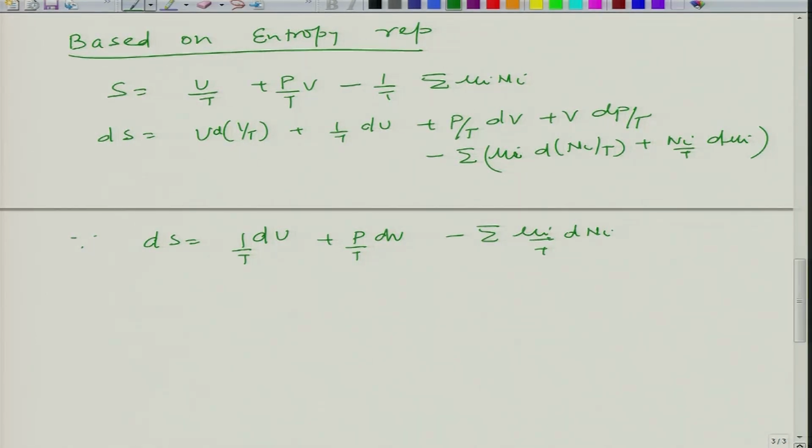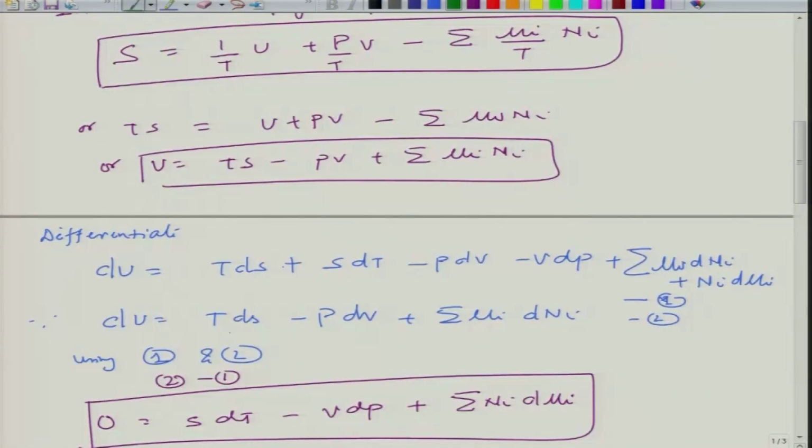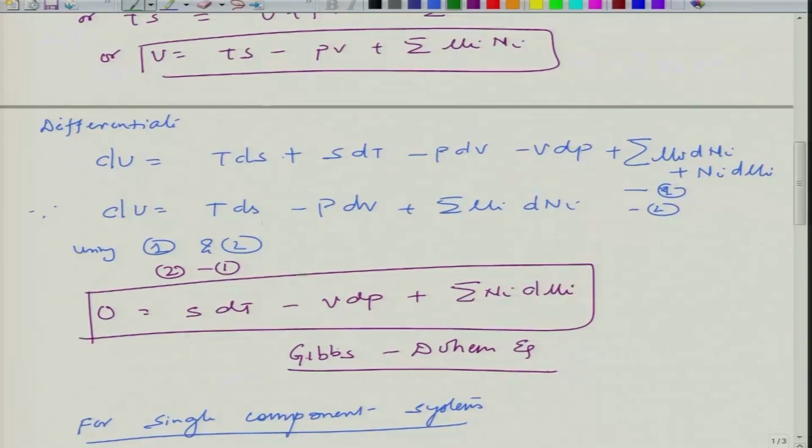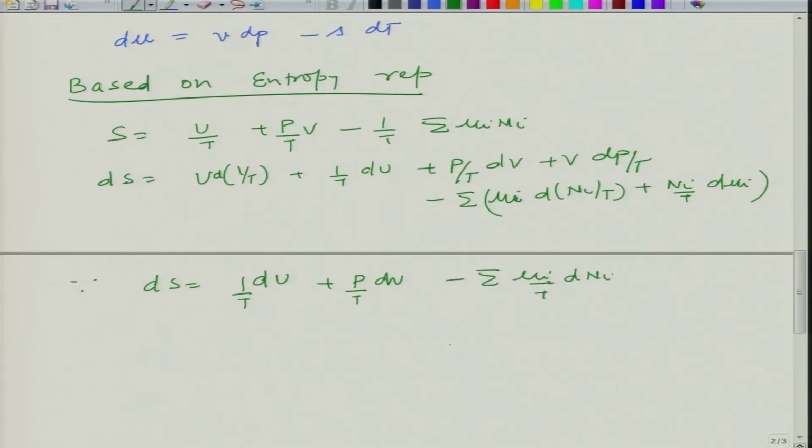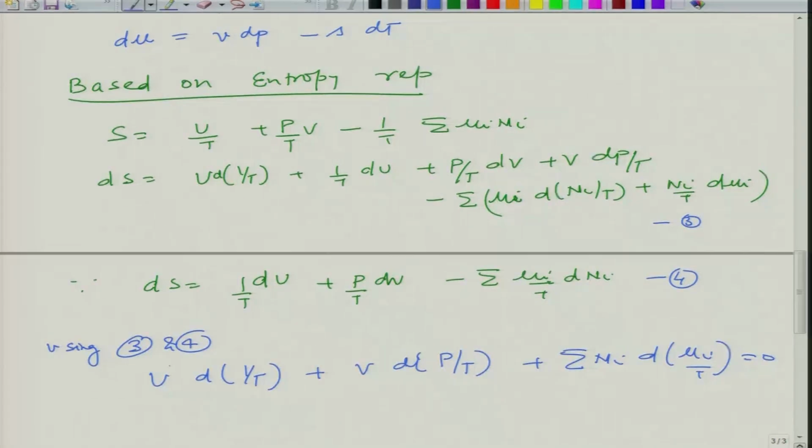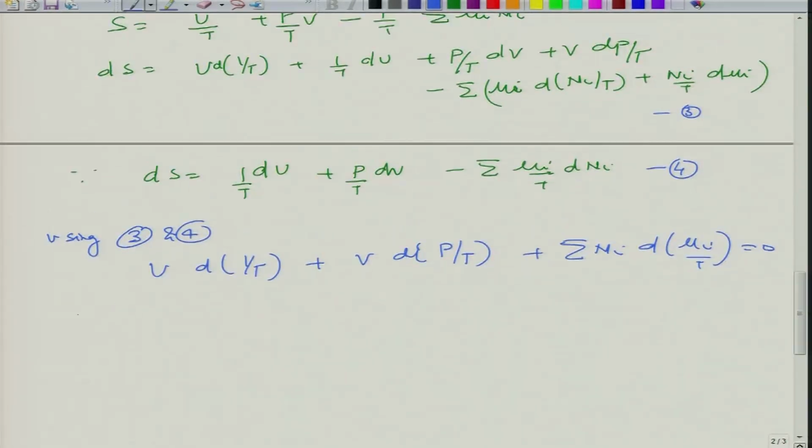You can clearly see from our first law expression, or this expression for dU which we know, that if you take out the T here, you are going to obtain the same expression. So, this is equation 3 and this is 4. Using 3 and 4, this is the expression which comes, and this would be your Euler relation based on that.